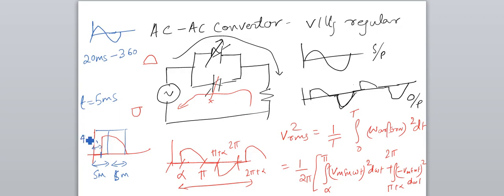So 20 millisecond is 360 degree, 4 millisecond is how much? That is 4 upon 20 into 360. I think that is 18 into 4, that is 72. So alpha is 72 degree.